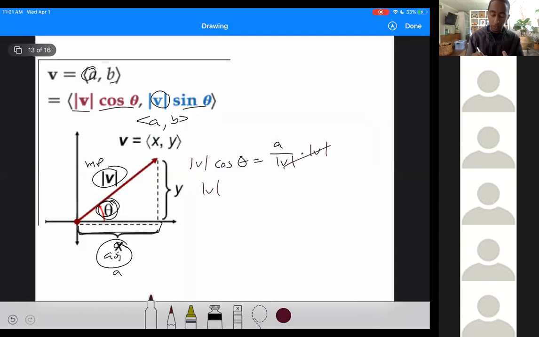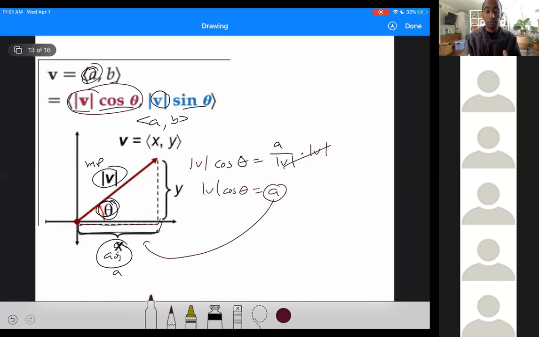And so the magnitude times cosine of the angle equals the A, which is going to be this, okay? That's why this A is magnitude times cosine of the angle, okay? That's just showing you why it's like that.